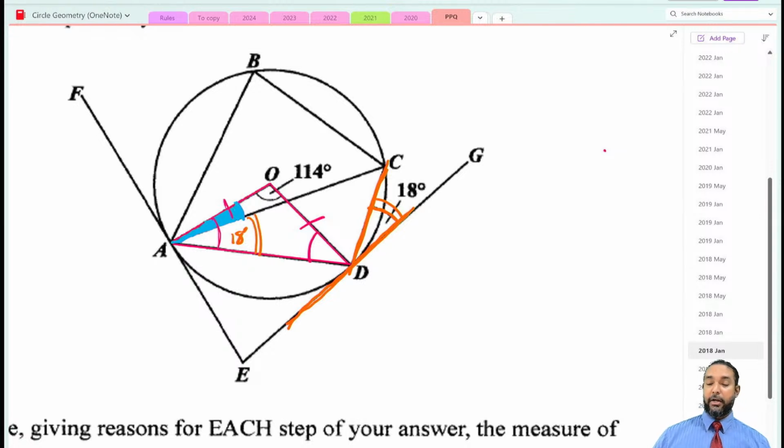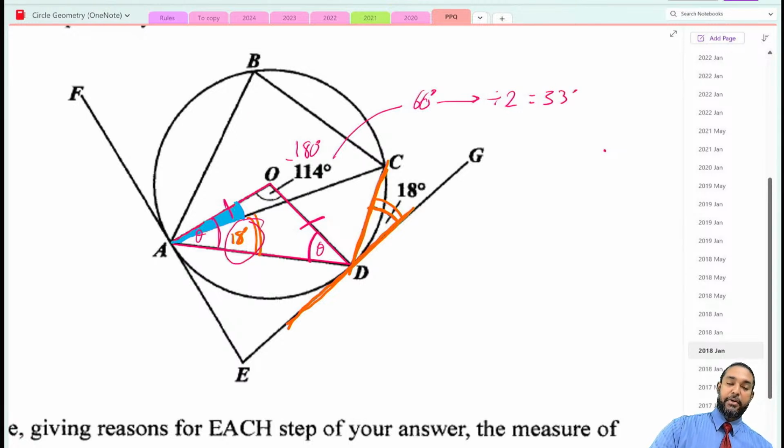So if you build a triangle using those two radii and the chord AD, you have an isosceles triangle, which means this angle and this angle are equal. So we do 180 minus 114, which gives us 66 degrees. Dividing by 2, we get 33 degrees. Then we subtract the 18-degree portion and get 15 degrees for the answer.